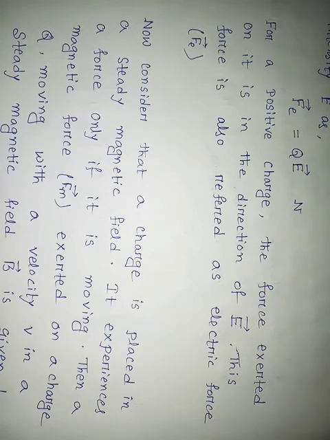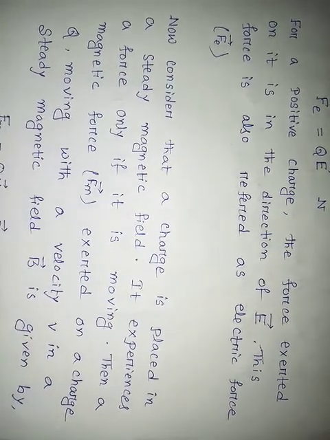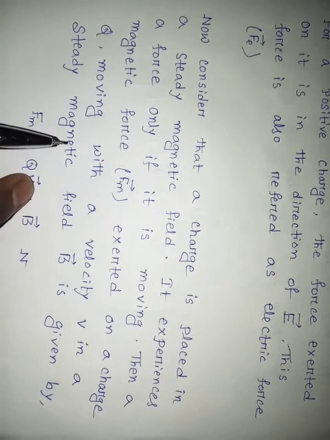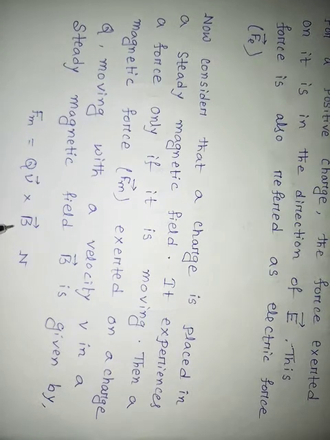The magnetic force exerted on a charge q moving with a velocity v in a steady magnetic field with flux density B is given by Fm equal to charge times velocity cross flux density B, in Newtons.